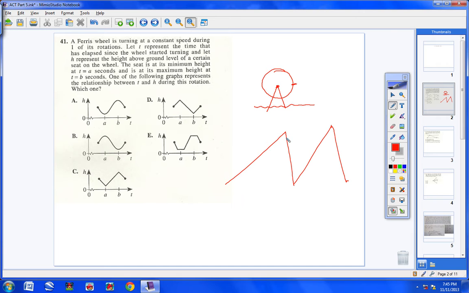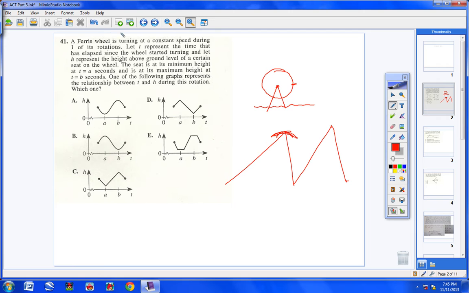There is a quick, sharp change in your height based on time. It's not a smooth, rounded change. It's sharp, it's sudden. A Ferris wheel is not like that. A Ferris wheel is a smooth, rounded turn the entire time, giving you plenty of time to get sick. I'm kidding, but it's a smooth, rounded ride, okay?